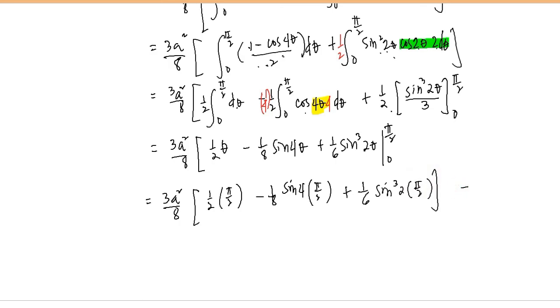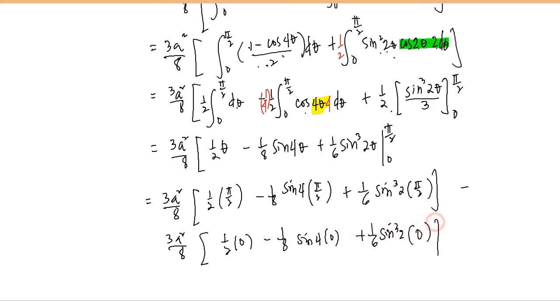Minus the lower limit, that is 3a squared over 8, 1/2. And the theta for the lower limit is 0, minus 1/8 sine of 4, the theta is 0, plus 1/6 sine cube 2, the theta is 0.